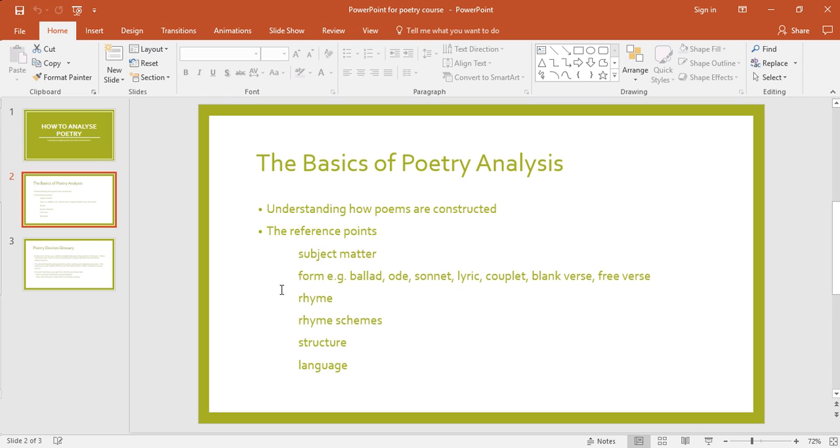I'll also look at rhyme schemes in the glossary in more detail, but basically a rhyme scheme is the way that lines that rhyme in a poem are given a letter.